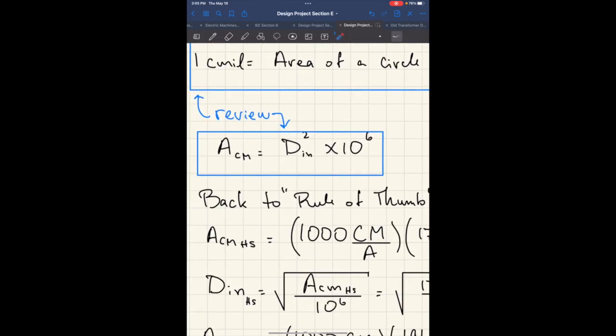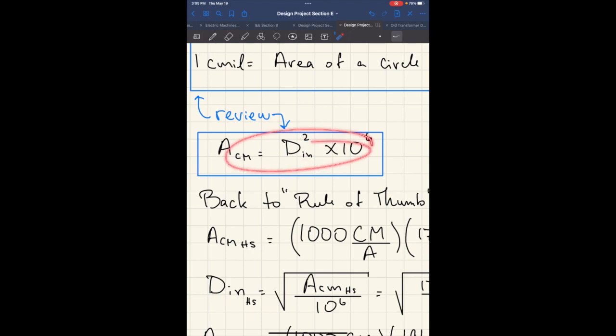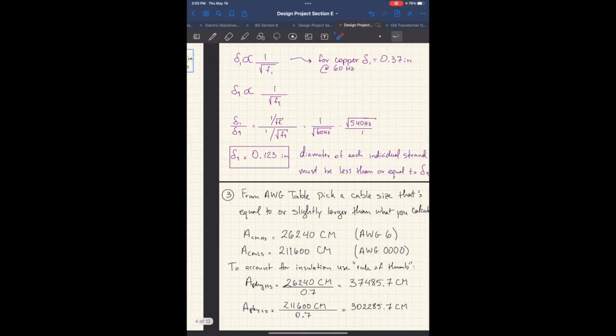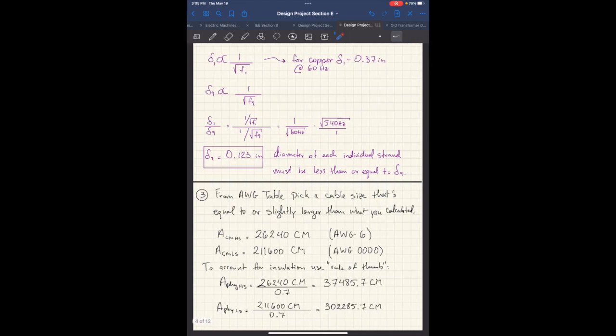The area in circular mil will be equal to the diameter of the cable in inches squared times 10 to the 6. So we can basically just reverse this equation, solve for D, and find the diameter in inches. We're going to do that with these cables now.